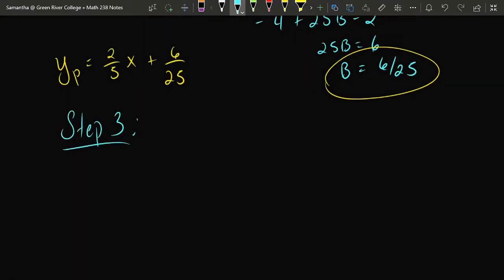Finally, we have everything that we need to construct the general solution. We can solve the original ODE, which is the same thing as find the general solution.